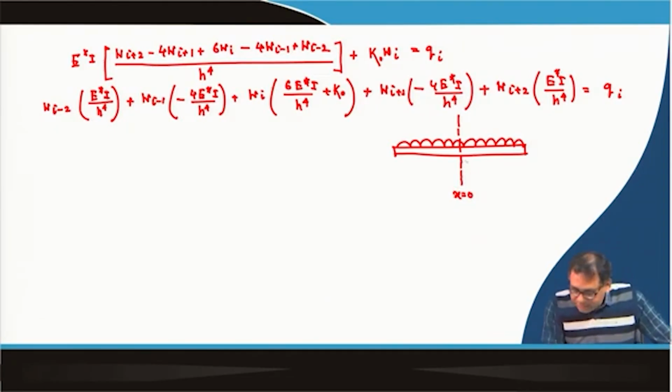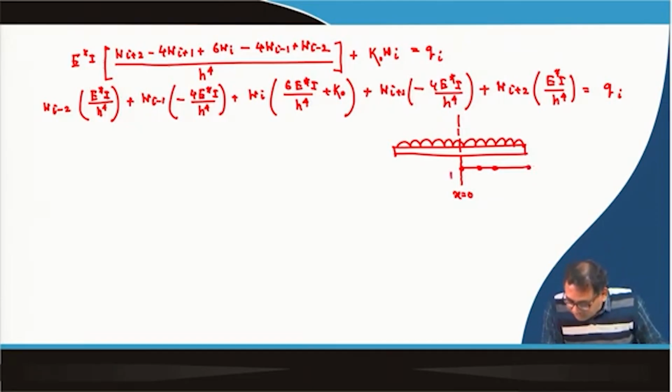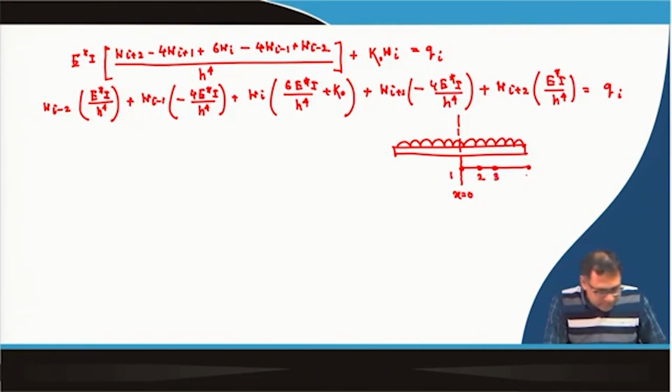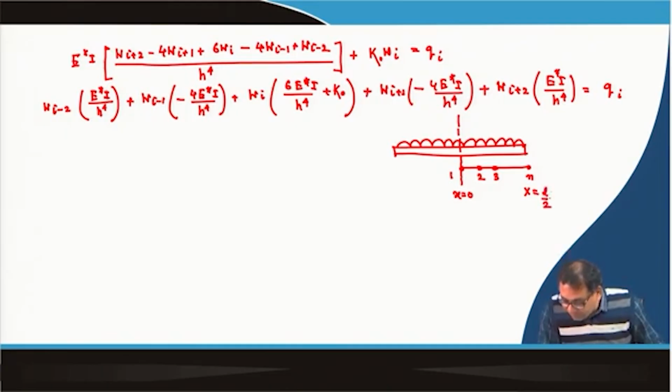If I take these points only, and divide them into a number of nodes, this is the first node, second node, third node, and this is my nth node at x equal to L by 2, since this is my beam length L. So, this is L by 2, and this is also L by 2.